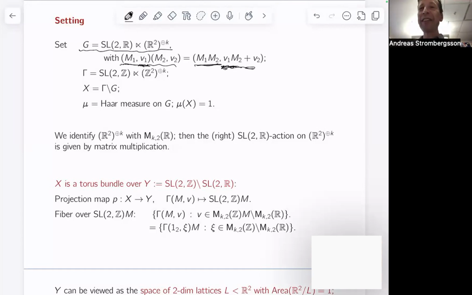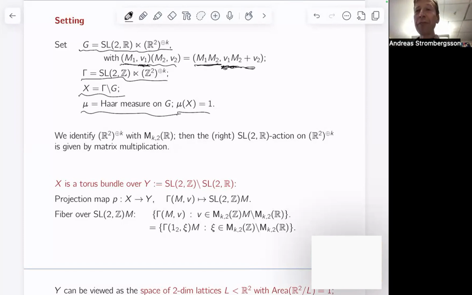And we consider this lattice. This is a lattice inside the Lie group. And we consider this quotient manifold, the set of left gamma cosets in G. This is a so-called homogeneous manifold. And we also fix a Haar measure on G, and we normalize it so that the induced measure on X, the homogeneous manifold, is 1.